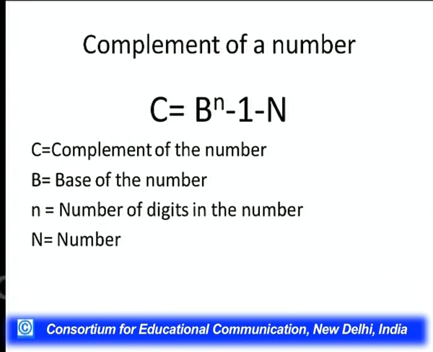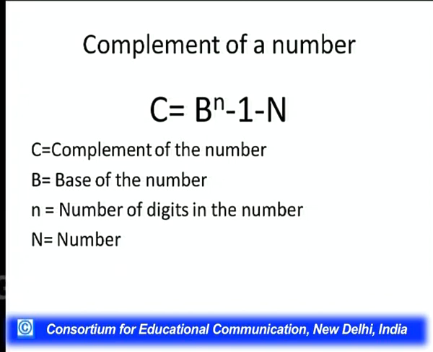Now, we will talk about a very important part in computer arithmetic, in case of binary arithmetic, that is how to find the complement of a number. Basically, the complement of a number means the base raised to the power of the number of digits in the number, minus 1, minus the number itself.